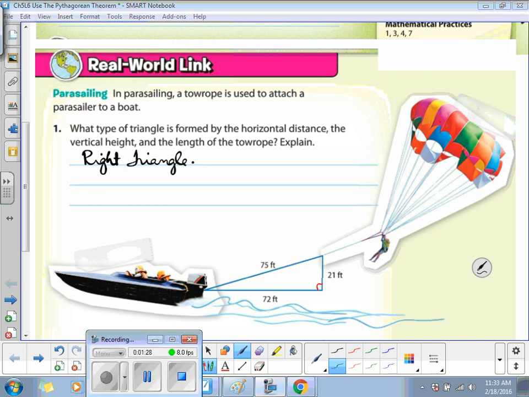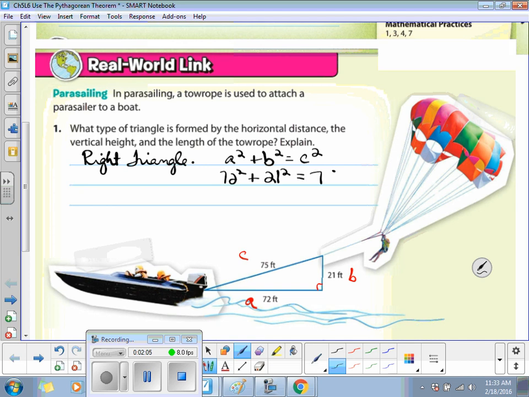All right, so the way that we know this is a right triangle, just like we learned in the previous lesson, if I take the legs, the A and the B, and I square them, I should get the square of the C. So if I did A squared plus B squared equals C squared, then I did 72 squared plus 21 squared, that should give me a true statement with 75 squared.